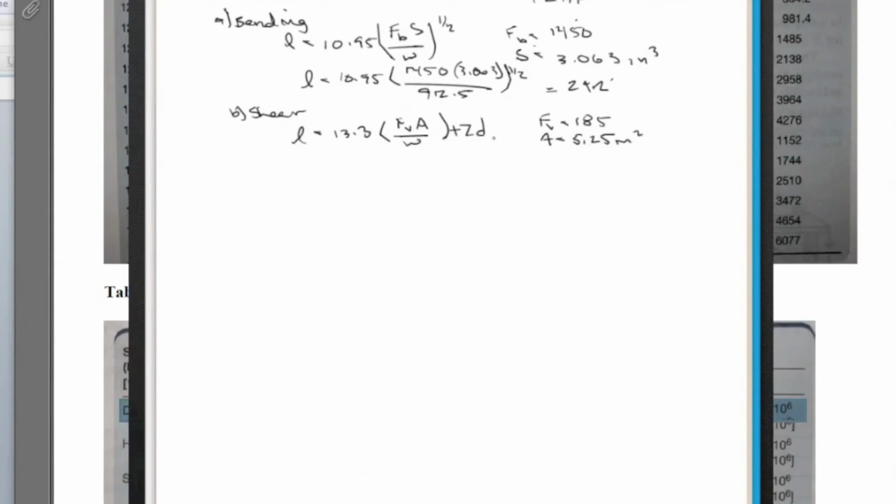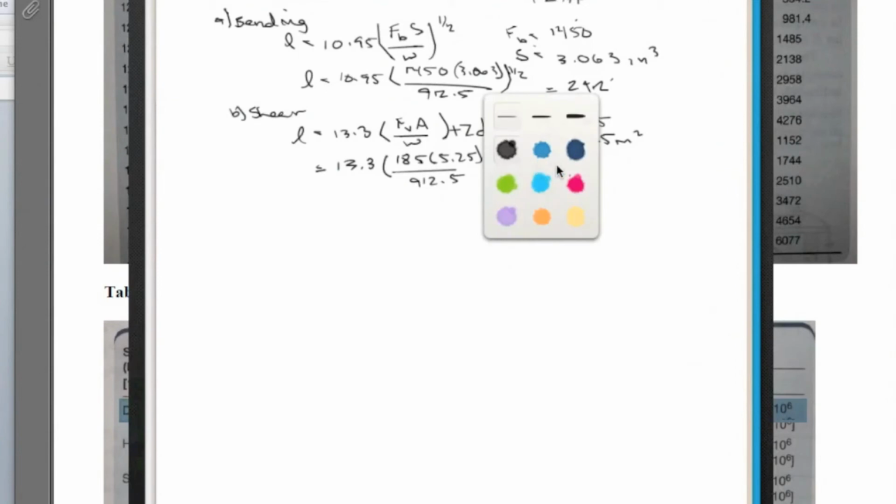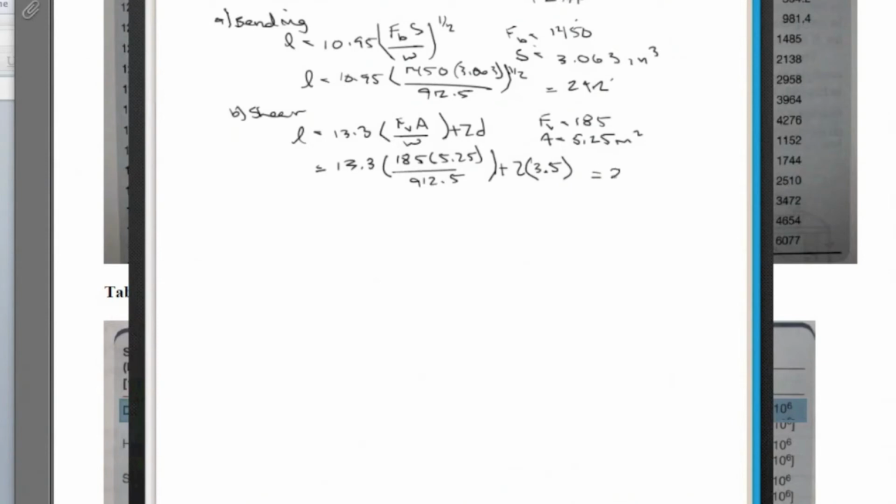And D, yeah, we got that. So we'll plug it in: 13.3 times 185 times 5.25 divided by 912.5, plus 2 times D, which is 3.5 for a 2x4. And we get a spacing here of 21.16.